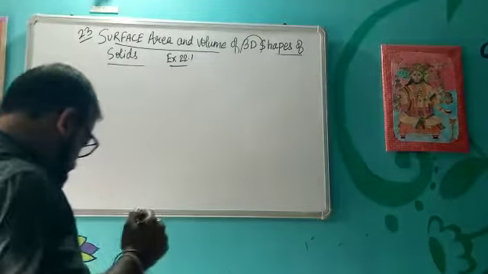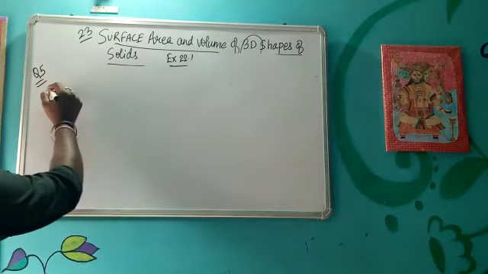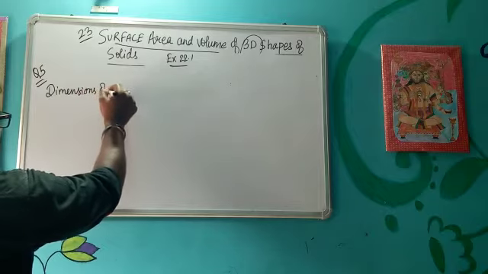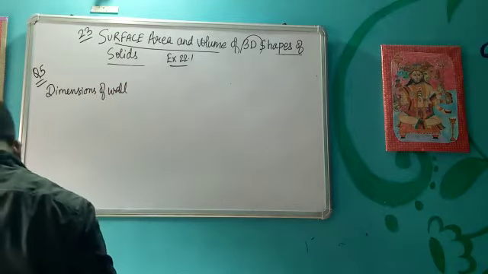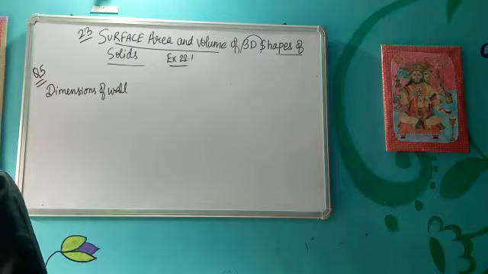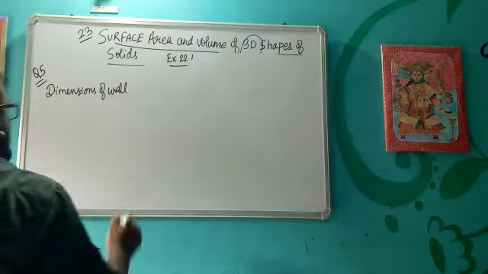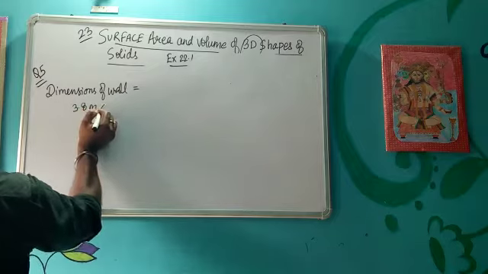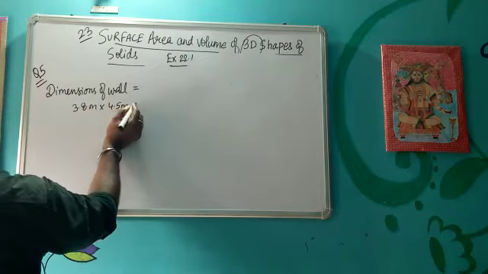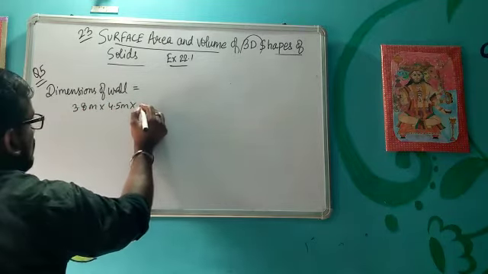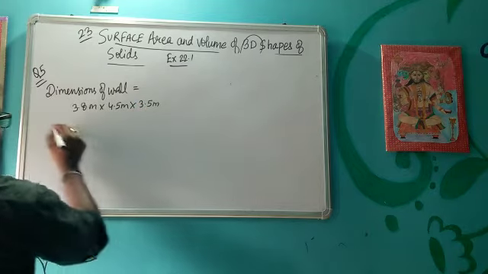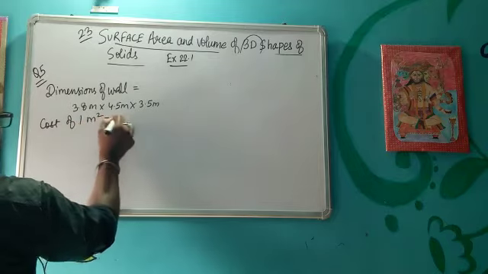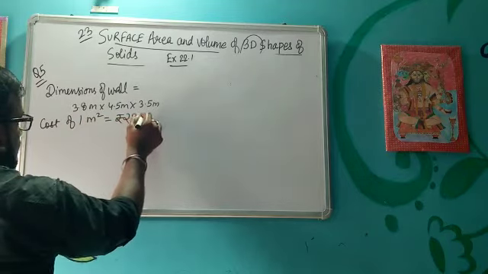In that case, dimensions of the room are given: 3.8 into 4.5 meter into 3.5 meter, and cost of 1 meter square is rupees 285.